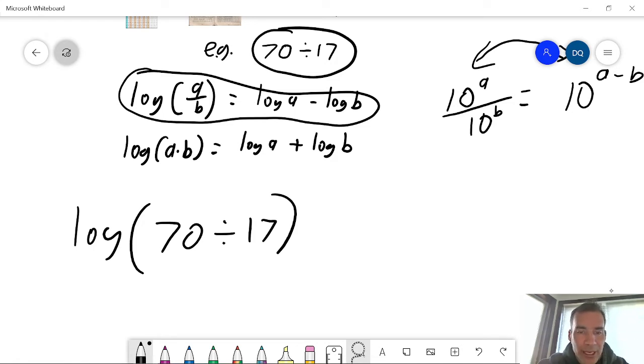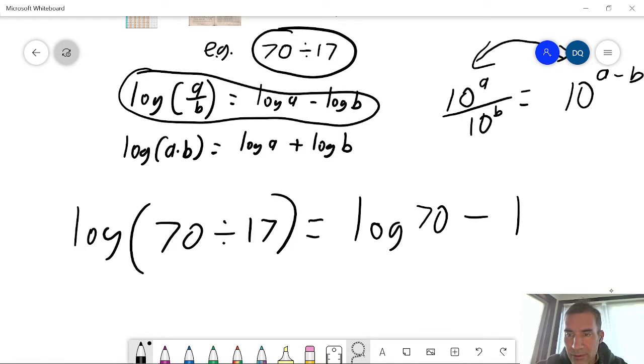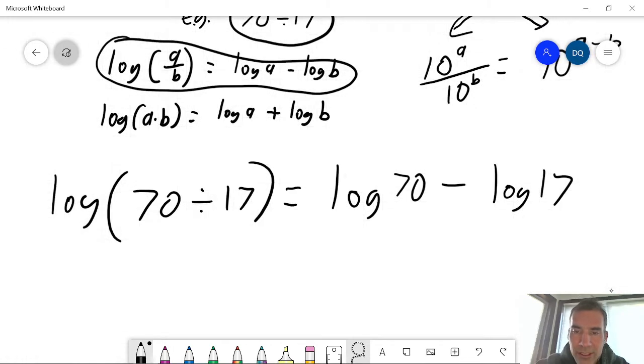The log of A divided by B is equal to the log of A, so this is the log of 70, minus the log of 17. So I use this rule here. The log of A divided by B is equal to the log of A minus the log of B. So I just need the log of 70 and the log of 17.